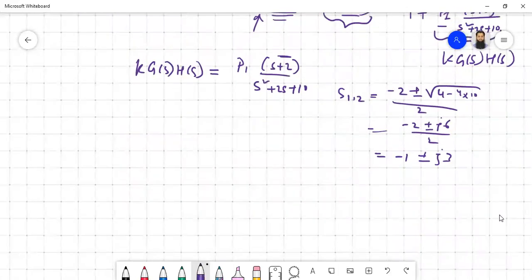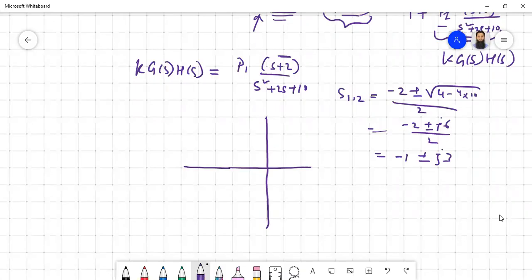So if we try to plot this one, what it is going to become is something like this. Minus 1 plus minus j3, make it a bit larger. Here you have a pole here and you have a pole here, and you have a 0 here at minus 2.